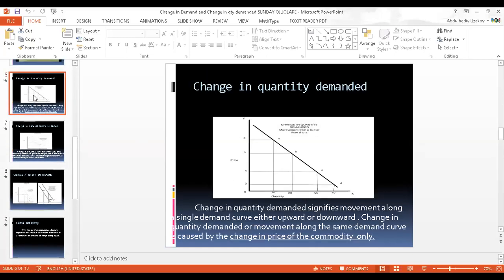Change in quantity demanded signifies movement along a single demand curve, either upward or downward. Change in quantity demanded, or movement along the same demand curve, is caused by the change in price of the commodity only. Please note, change in price of the commodity only.